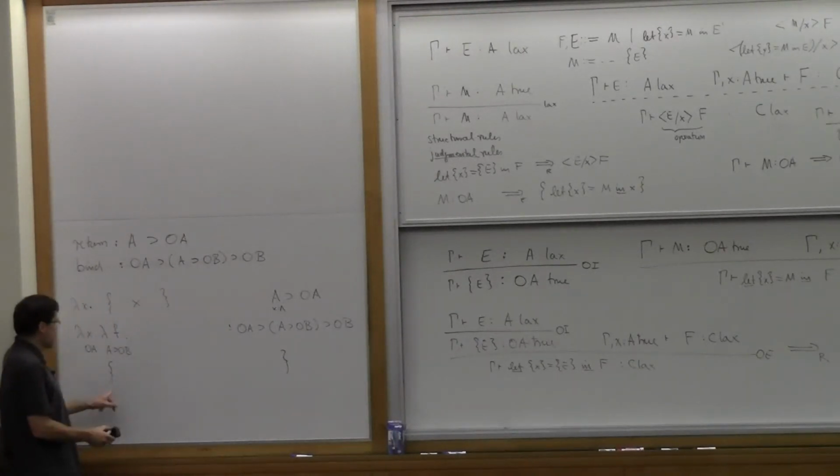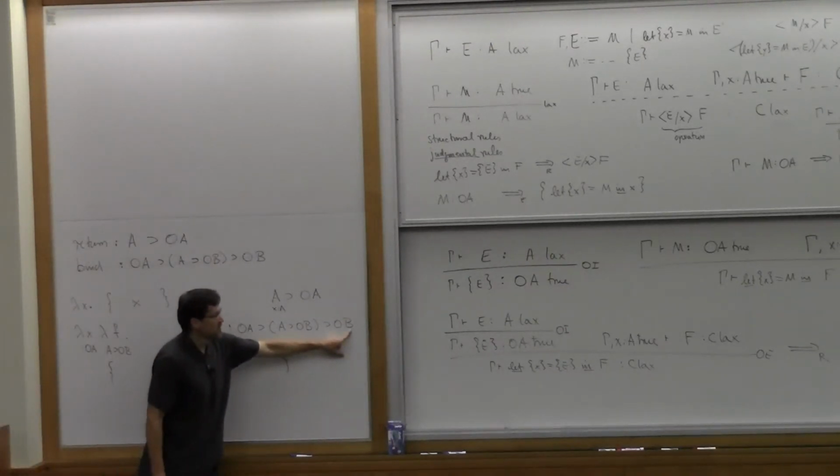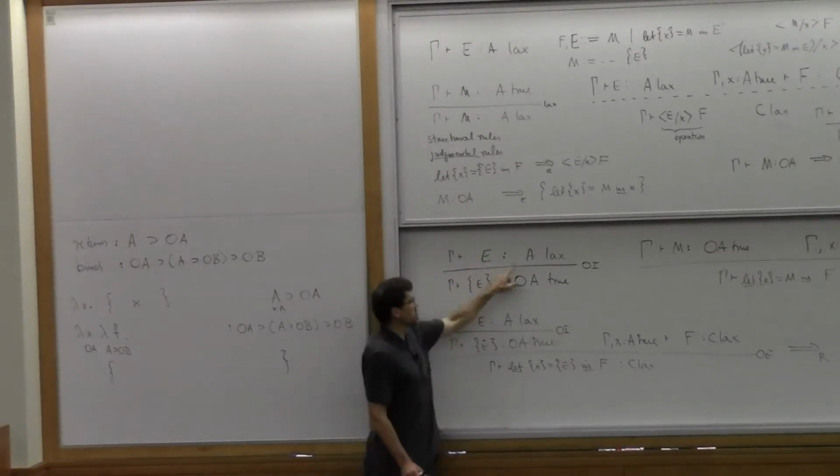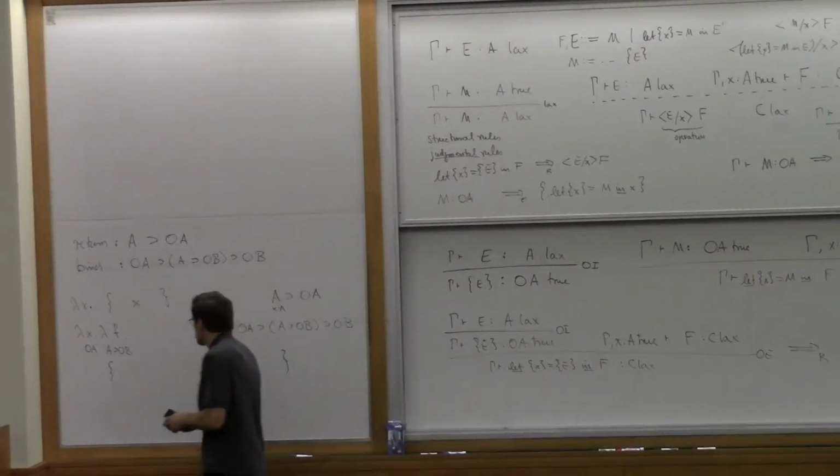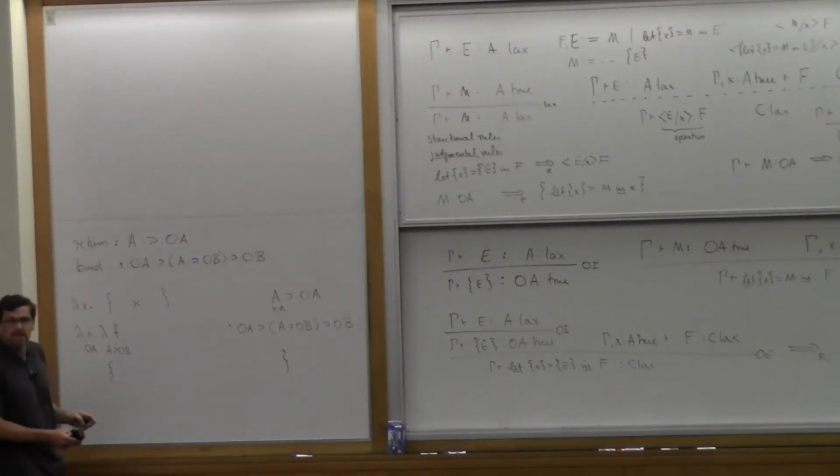Okay, so now what do we have to show in here? B lax, right? Because we got rid of the circle B, we went all the way to B. So now we have to show some computation that proves that B lax. And so how do we do that? We have to apply some elimination rule, right?